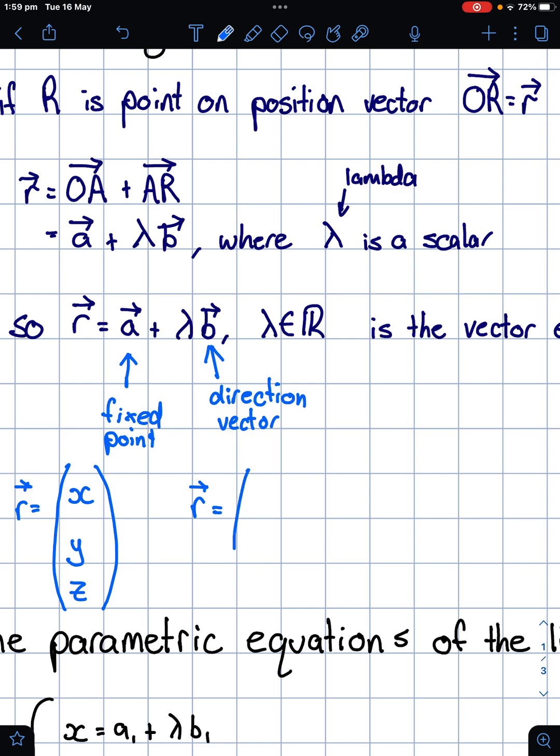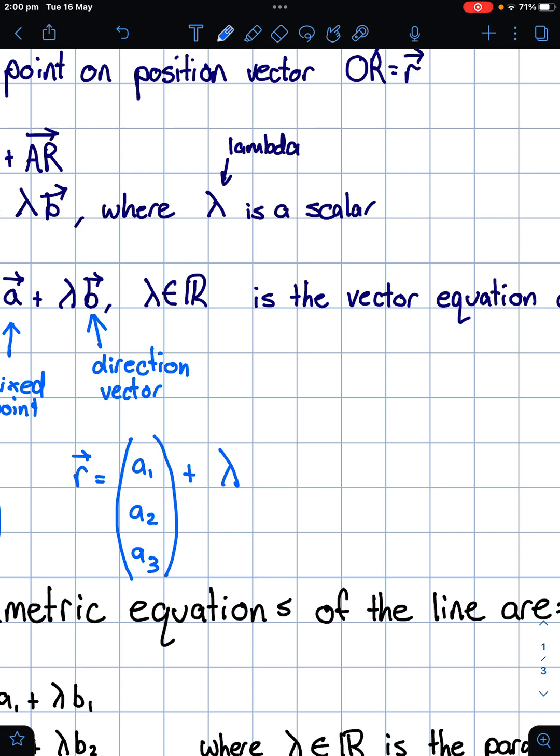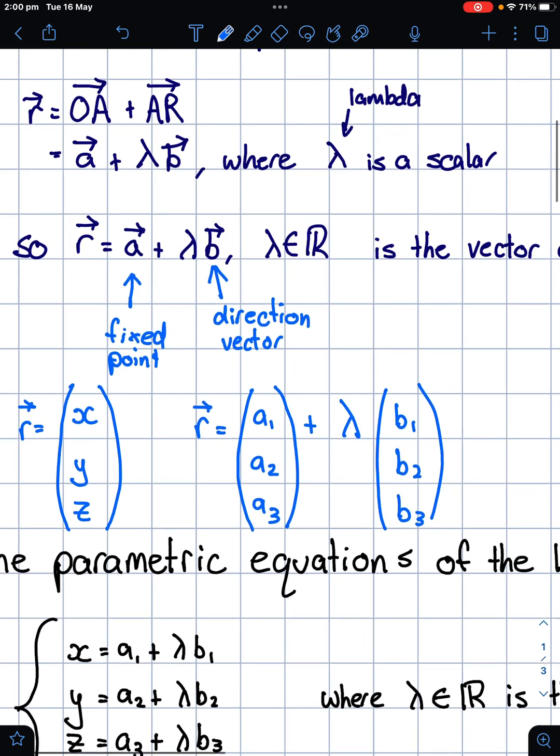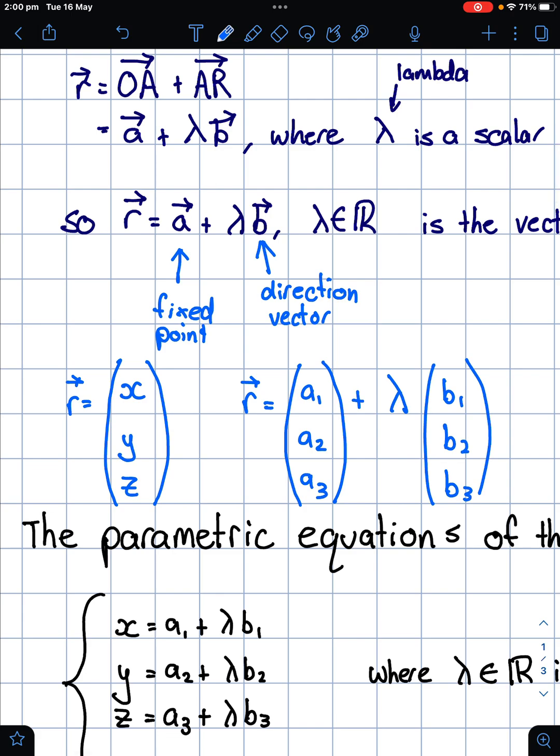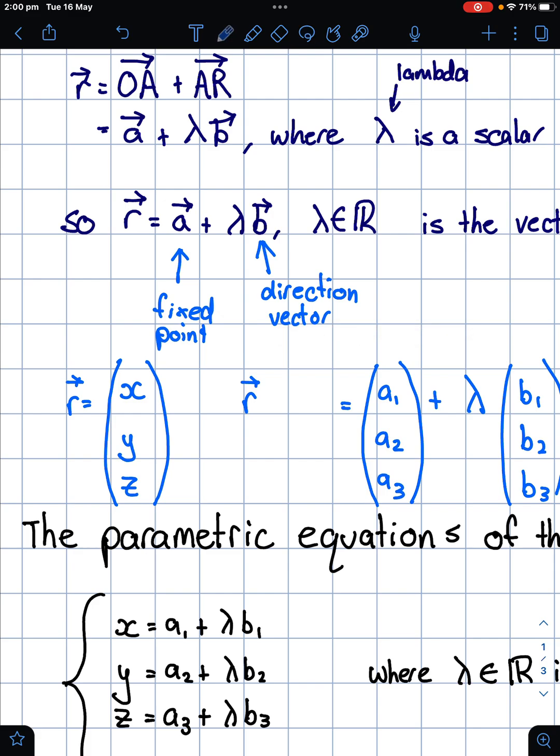We want it to equal our A vector, which is A1, A2, A3, added to lambda times our direction vector here, which is B1, B2, B3. Let's move these a little bit to the left so I can fit the next bit in. Okay, so this equals X, Y, and Z.